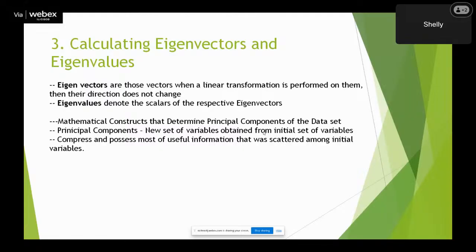We are trying to reduce the dimensionality. So the original set of variables in the data set are mapped onto the new set of variables obtained from the initial set. They compress and possess most of the useful information, so the information lost, which was scattered among the initial variables, is minimized. This is basically what we are trying to do in step number 3.